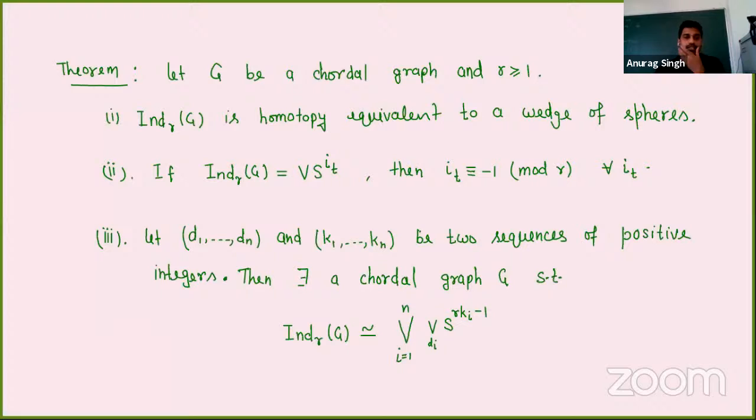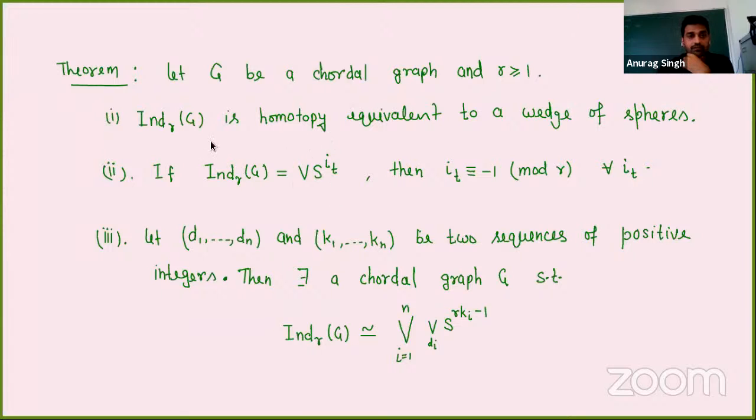So this is the main result that we have: when you restrict yourself to chordal graphs, then the r-independence complex is always homotopy equivalent to a wedge of spheres. And we have also given the kind of spheres that will occur in the homotopy type.